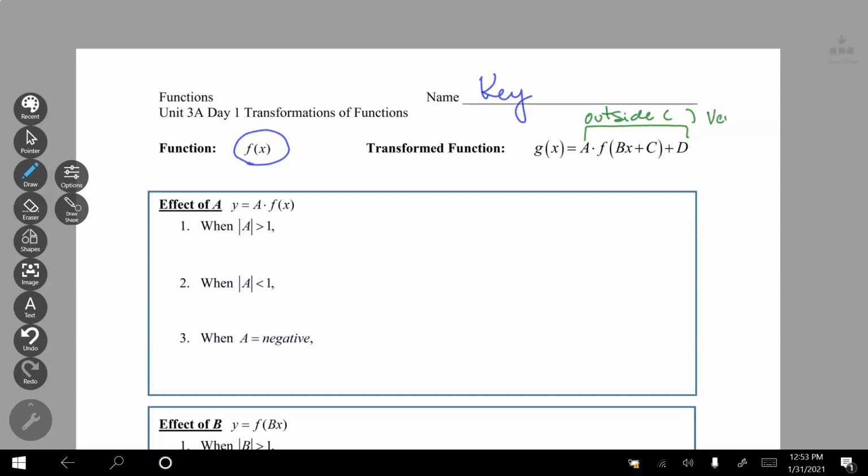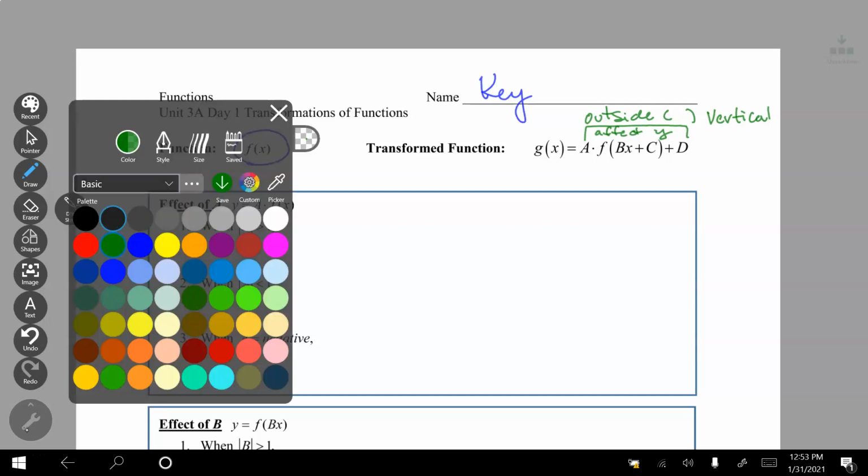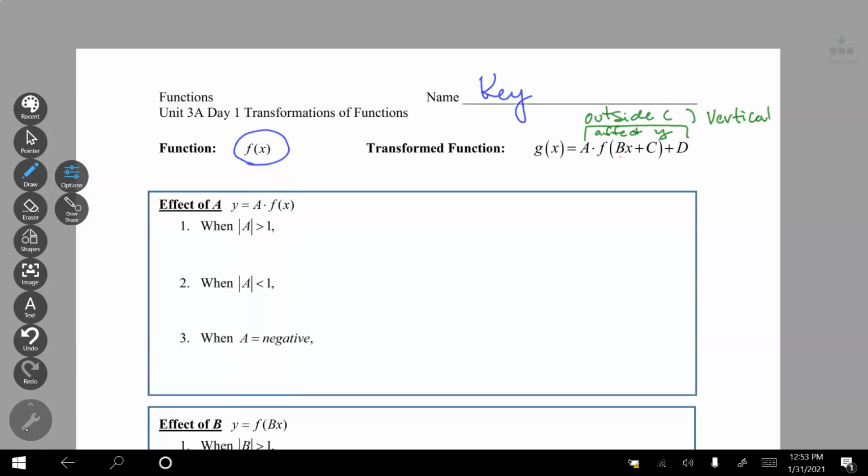That means it is a vertical idea, and that means it's going to affect the y values. It's affecting the y value of the function, a vertical idea. And conversely, B and C are on the inside of the parentheses.